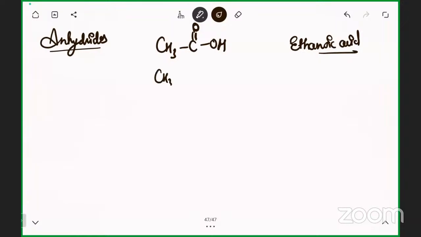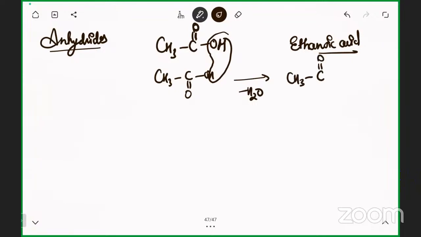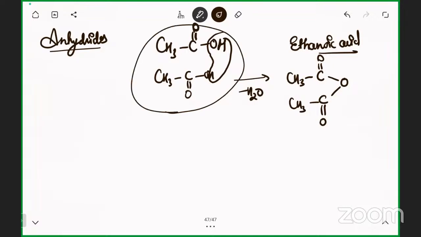So I'm taking 2 molecules of CH3 COOH and I'm eliminating a water molecule from there. So when one water molecule is eliminated, the compound formed is CH3 C double bond O single bond O single bond C double bond O single bond CH3. So from this molecule, when I eliminated this water molecule, there is an anhydrous condition. This is known as anhydride.